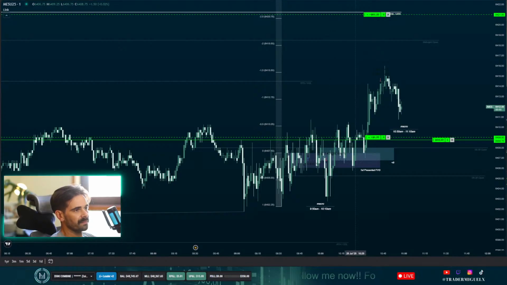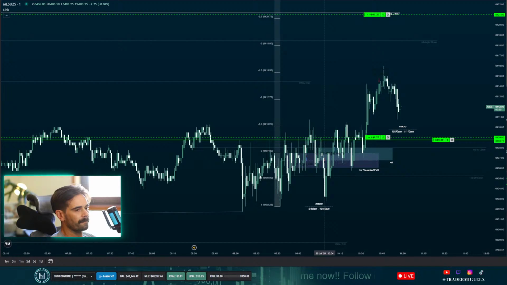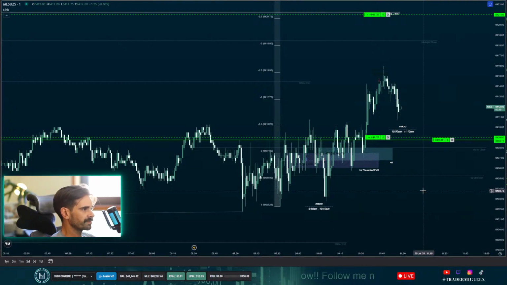But yeah, it can be left for the lunch hour eventually. And if NQ really wants to take out those lows, my position will get stopped out here at break even.